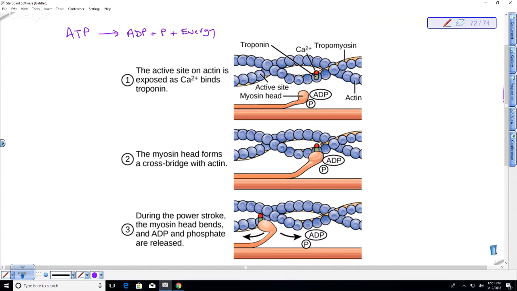So when ATP is broken down, it energizes the myosin head. So ATP energizes the myosin head and ultimately powers the pivot, right? So if the head is energized, then when it attaches to the actin, it can use that chemical energy and convert it to mechanical energy, and it can cause the pivoting to occur and the filaments to slide.